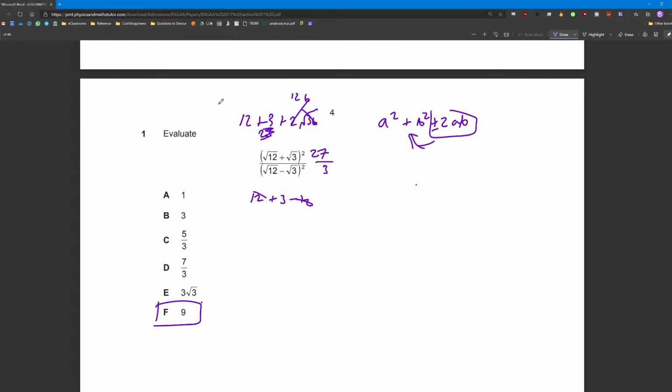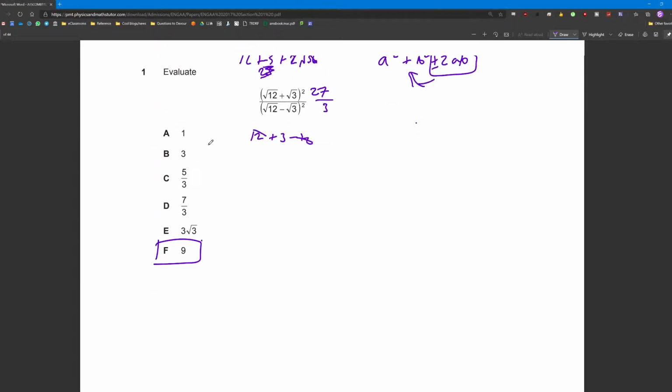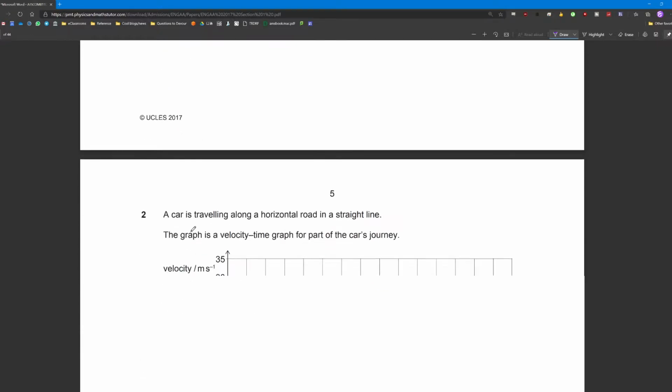So 12, 3, 12, 27 is an example of that. You don't want to say 12 plus 3 plus 12 is 27. You just want to say 12, 3, 12, 27. Because generally I find that you are not limited so much by your ability to do math in your head as by the way you speak about math in your head. So again, evaluate this. It goes to 9.